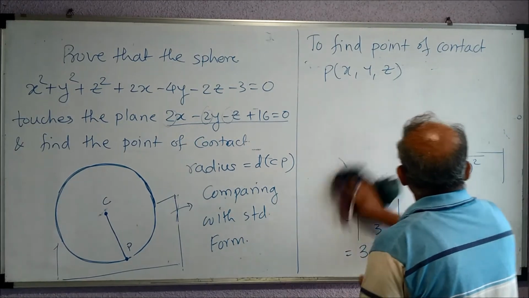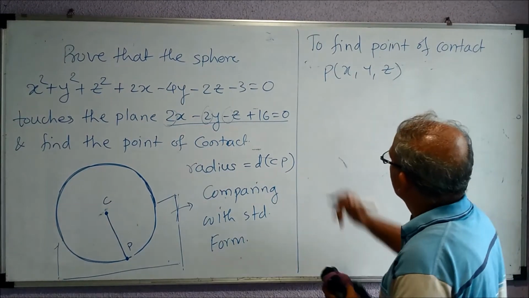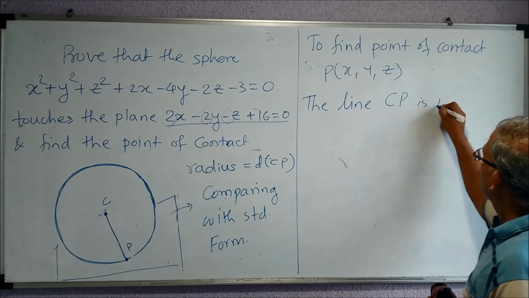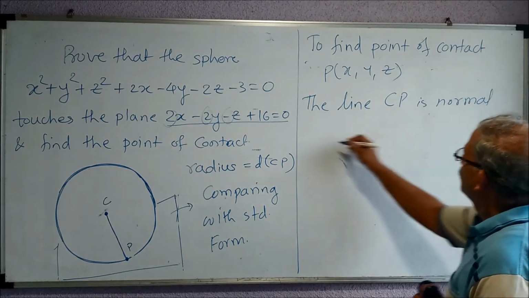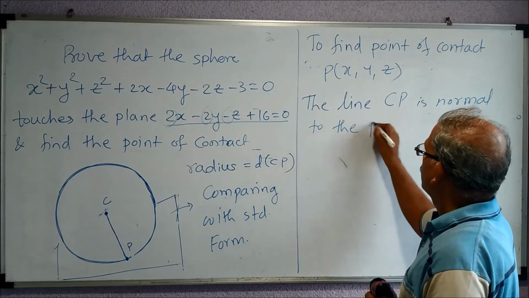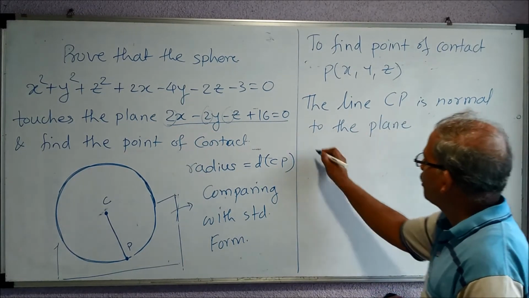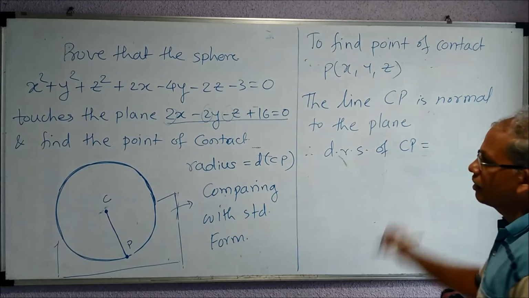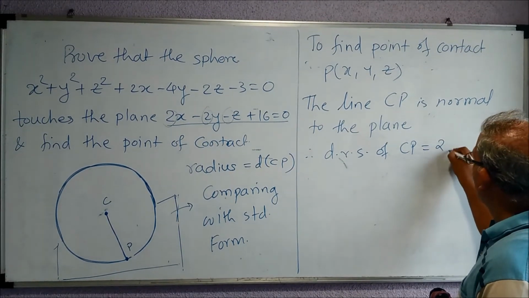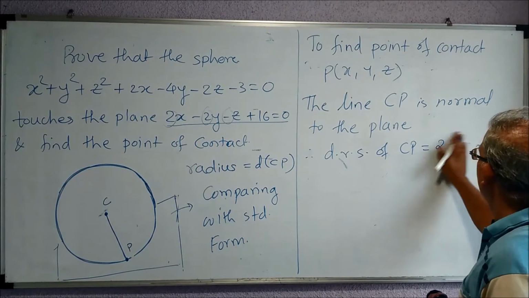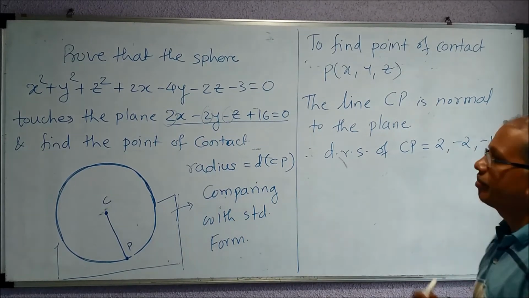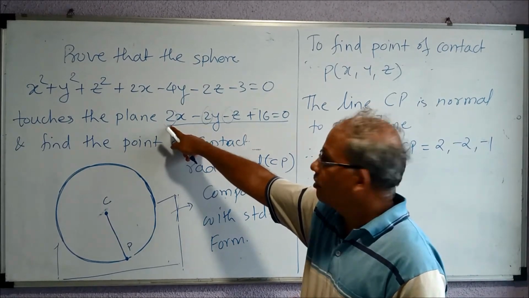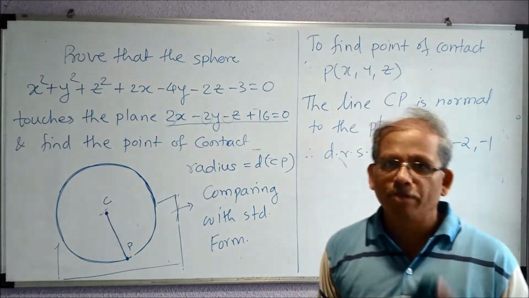Now see that the line Cp is normal to the plane. Therefore, DRs of line Cp are, what are the DRs? They are 2, -2, -1. These are the coefficients of x, y and z in the equation of plane, right?